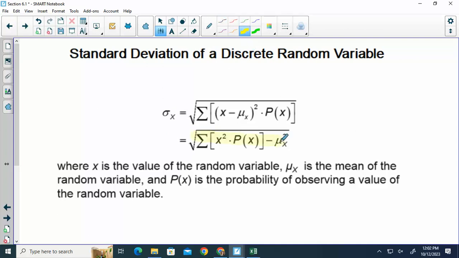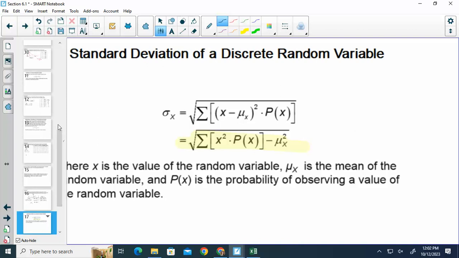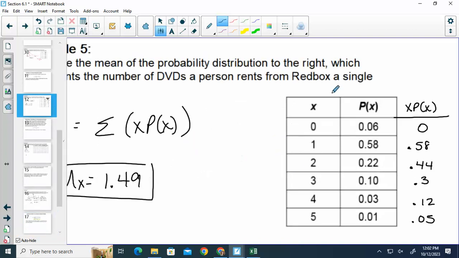I think this one is a little bit nicer. So you have to add up x squared p of x, subtract the mean squared, and then we'll do the square root of that whole thing. So I want to do that for this problem.